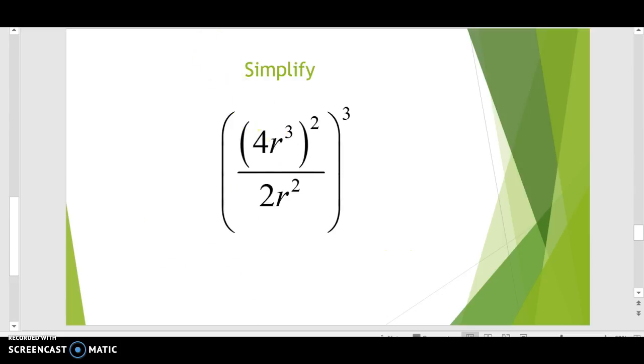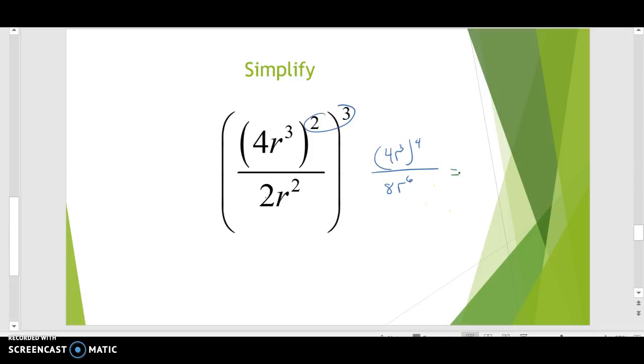Here, if I look at this to the second power to the third, it's going to give me 4 r to the third, all to the 4th power, over 2 to the third power is 8, r to the 6th. Now, I still have to simplify that. Okay, 4 to the 4th power.